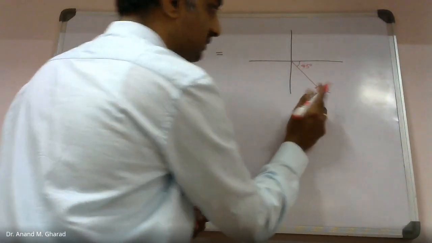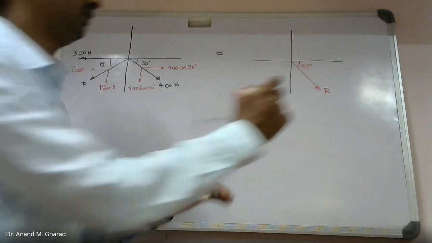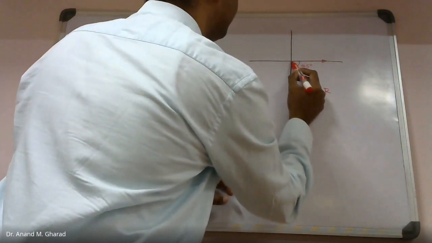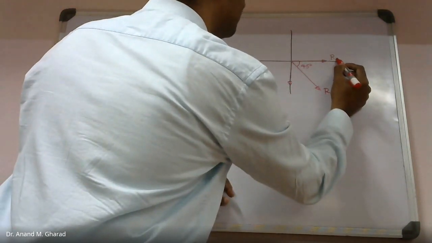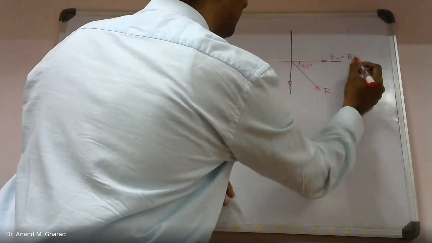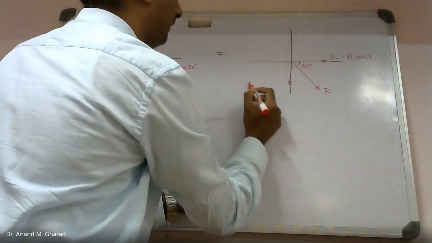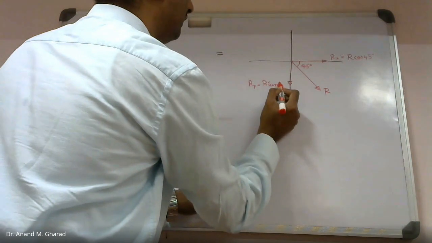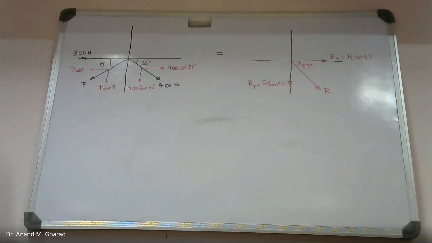And similarly, this is an inclined resultant which is given. So can I say like this? This is Rx, which is R cos 45, and this is Ry, R sin 45. Do you agree? Yes, sir. Okay?